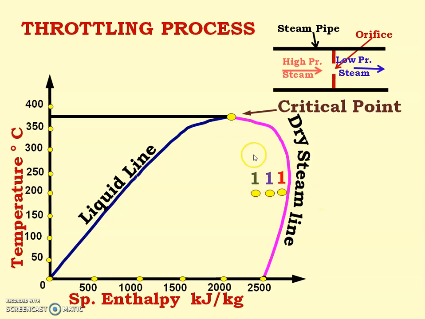Now it passes through the orifice, and since it is a throttling process, the enthalpy remains constant. So if it is a constant enthalpy process, what will be the nature of the line? Whether it is a horizontal line, a vertical line, an inclined line, or a curve?